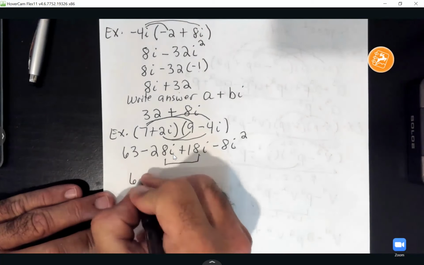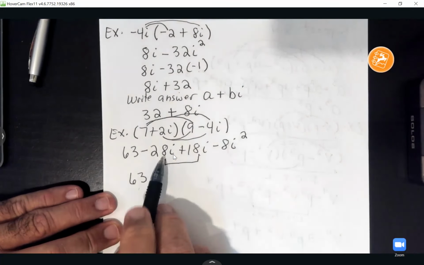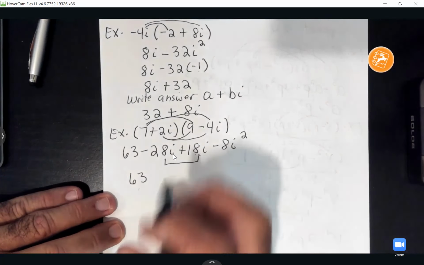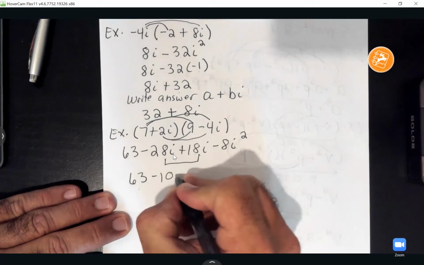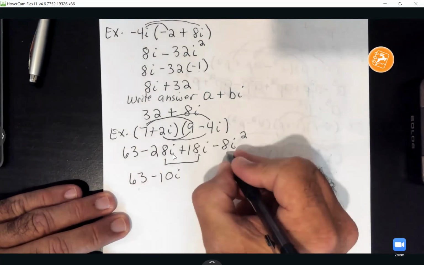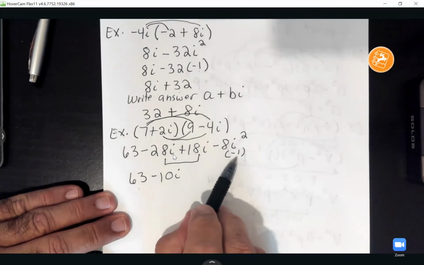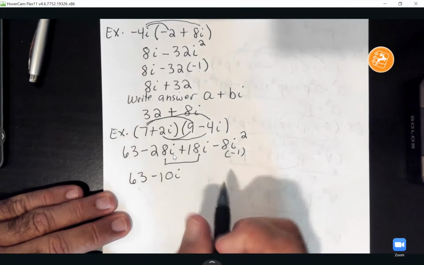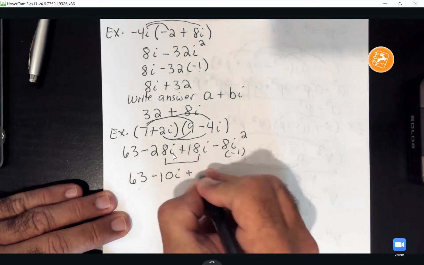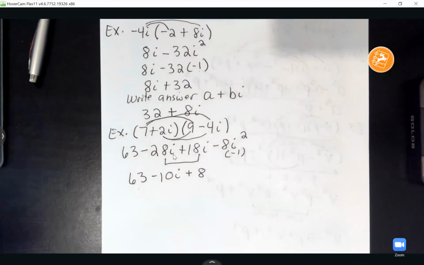So let's see what we get. We get 63. Adding like terms here, negative 28 and 18 give you a negative 10i. But remember, we're replacing the i squared with a negative 1 here. So that negative 1 times that negative 8 is going to make that a positive 8.